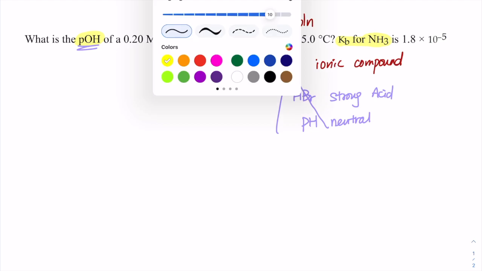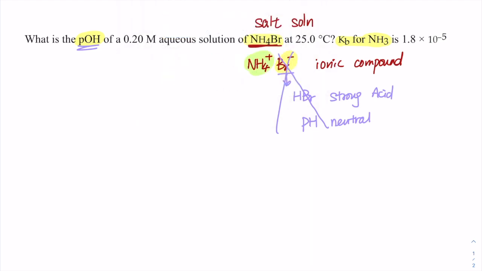Now let's look at the other part of this ionic compound. We have the ammonium ion, NH4 plus. Where does this come from? It's the conjugate acid of a weak base.